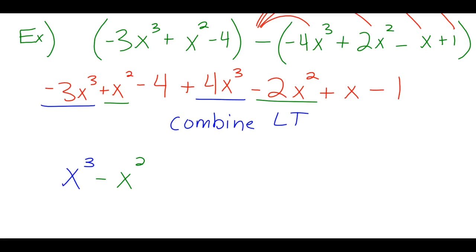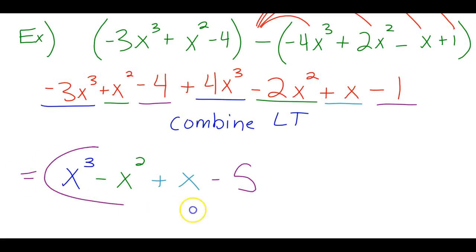So what's going to come next, the 4 or the x? Yeah, so then we'll write plus x, right? Because that's the only x. And then we have our constants. So negative 4 minus 1 more, negative 5. So that right there would be your answer. So just be careful when we're subtracting. You have that first step at the beginning where you need to distribute the negative through and make sure you're subtracting everything.